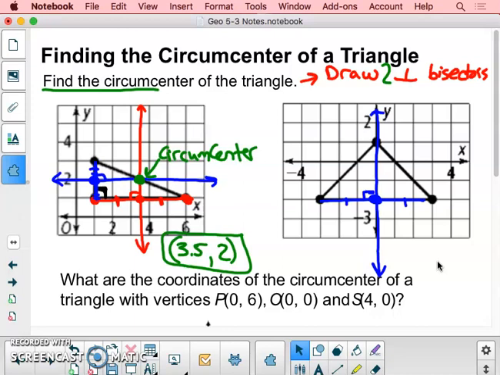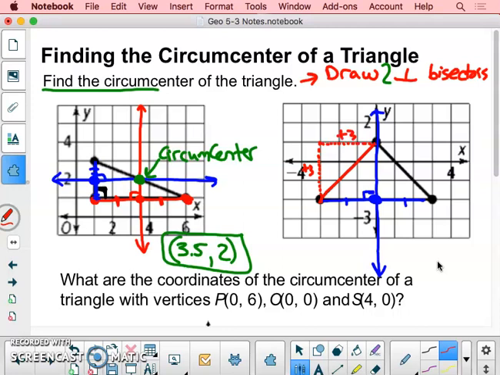So what we're going to do is have to remember a little bit about perpendicular slopes. For right now, we need to figure out the slope of this segment right here. This segment has a slope of up 1, 2, 3, rise over run over 1, 2, 3.